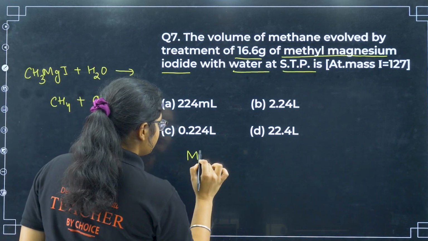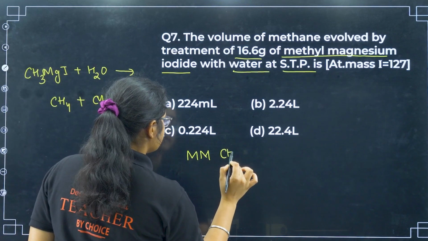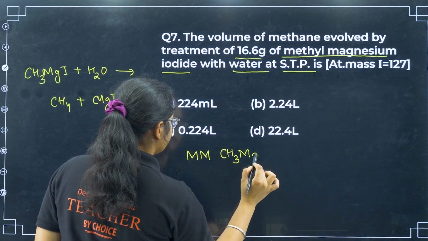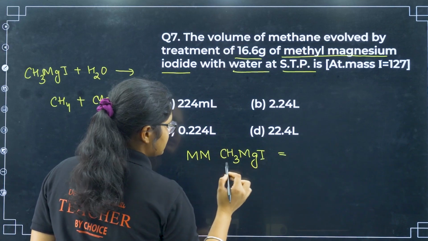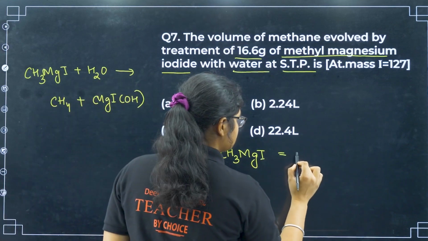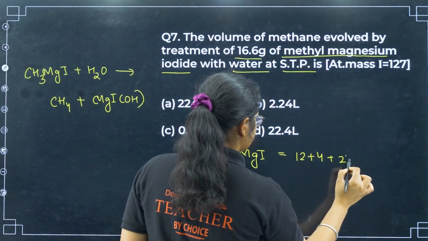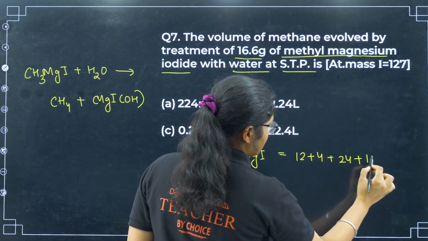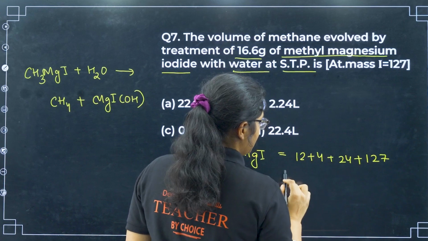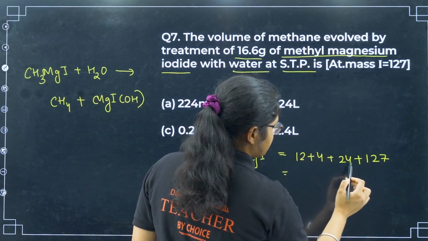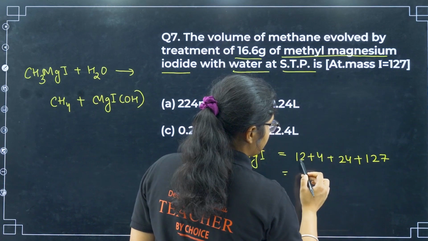What is the molar mass of CH3MgI? Carbon is 12, hydrogen is 3, not 4, because 3 hydrogens are there, magnesium is 24 and iodine is 127.